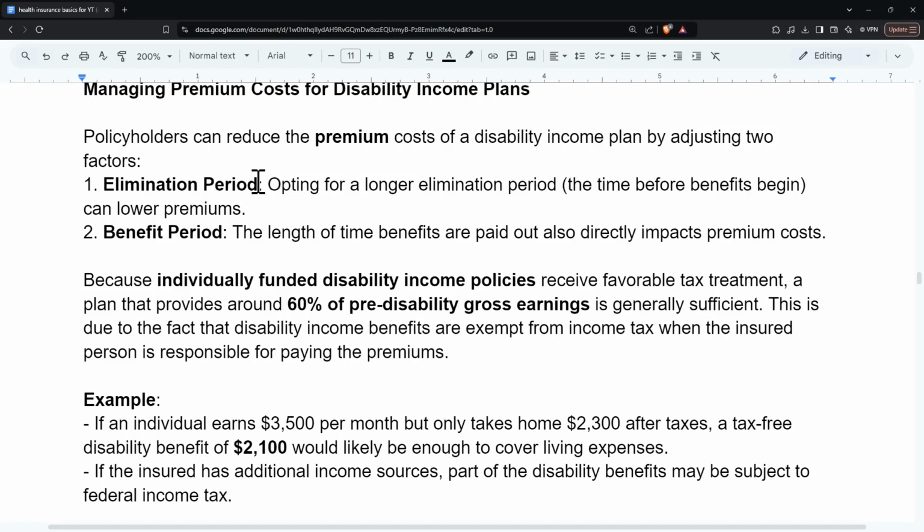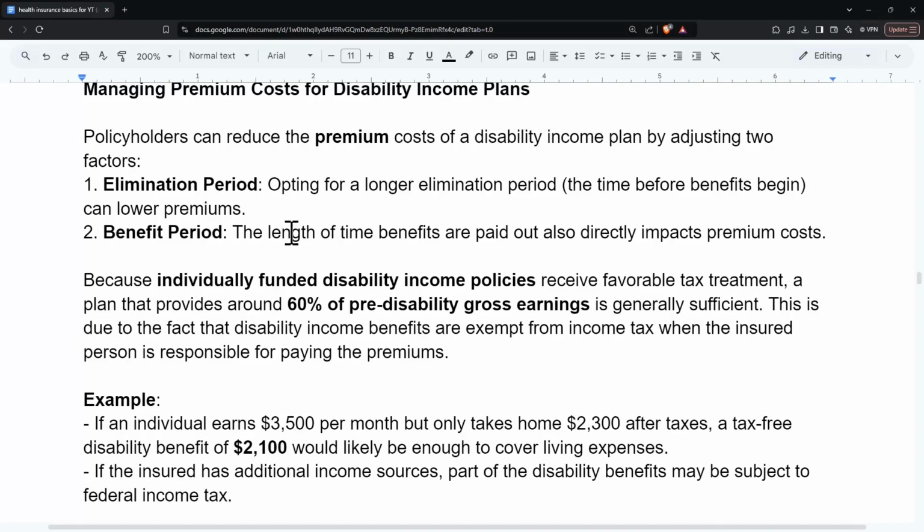The elimination period is the time between when the disability starts and when benefits start to kick in. So if that time is longer, premiums are lower. If that time is shorter, premiums are higher, because the insurance company is going to have to start paying out claims faster, and there's less time for the person to heal and not have the disability anymore.